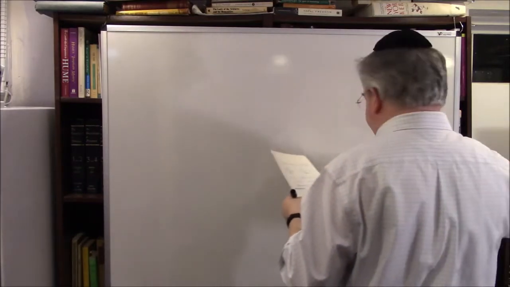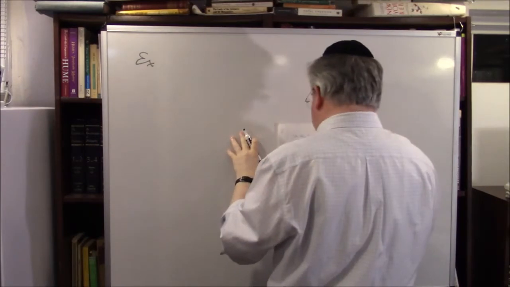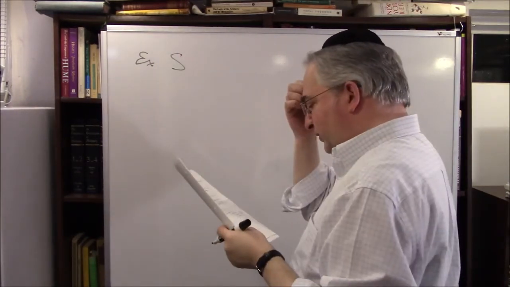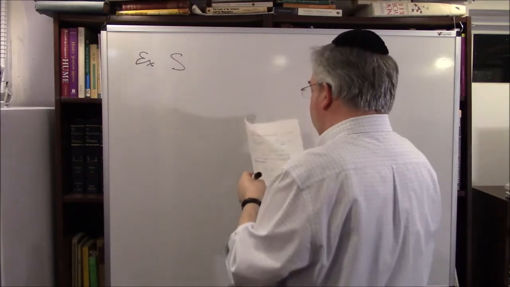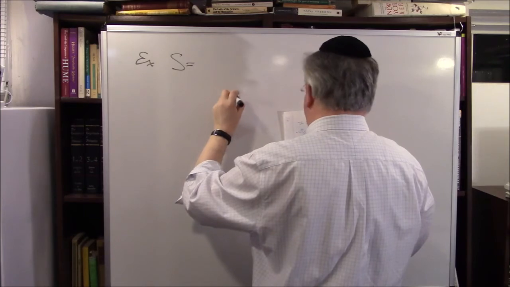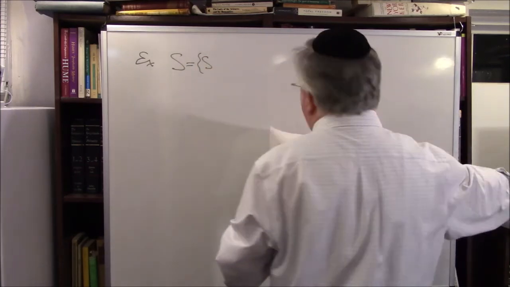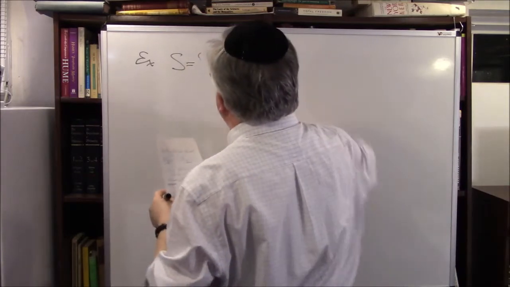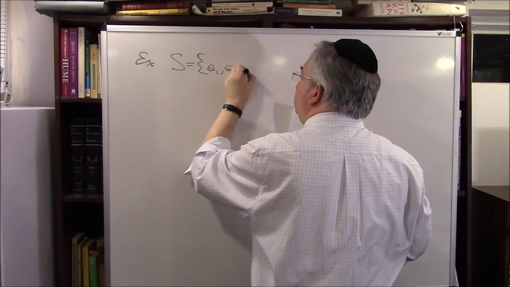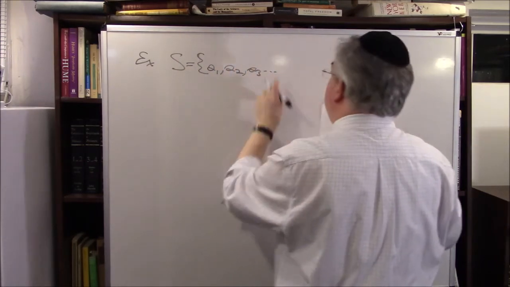Let's go on. Another example. You have a set S. I think this is actually a homework example, but I do it here. S is equal to the set little s1, little s2, little s3, all the way till little sm.